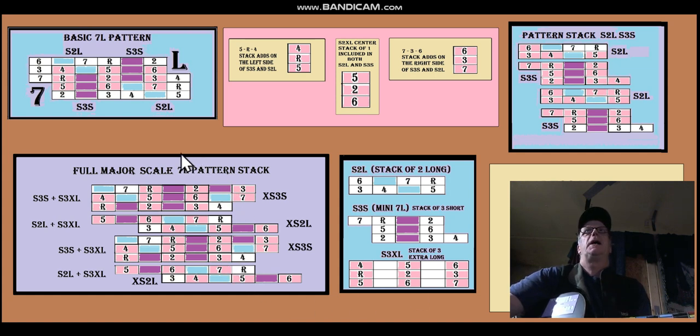Today's diagram actually starts on the S3S, the S2L, excuse me, the S3. What was the S3S? This is the S3S. Today's diagram starts on an S2L, but it's embedded with these other notes here.